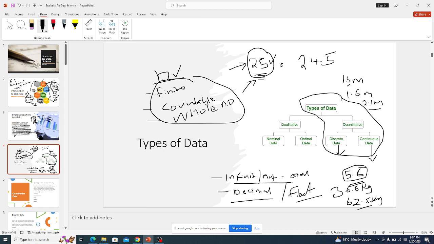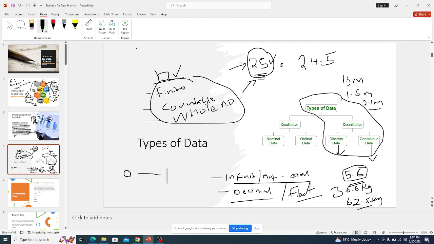And we are saying it is not countable because if I tell you to count for me the values between 0 and 1, we have more than a million values between 0 and 1.